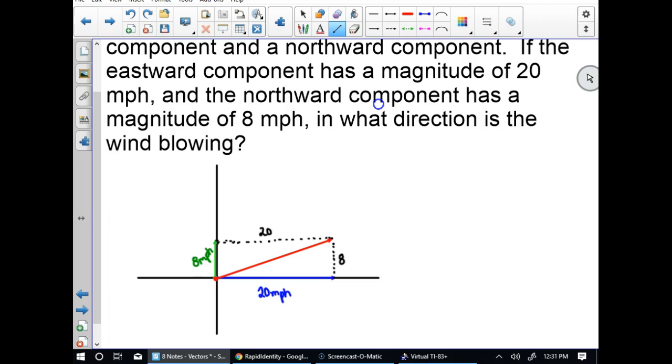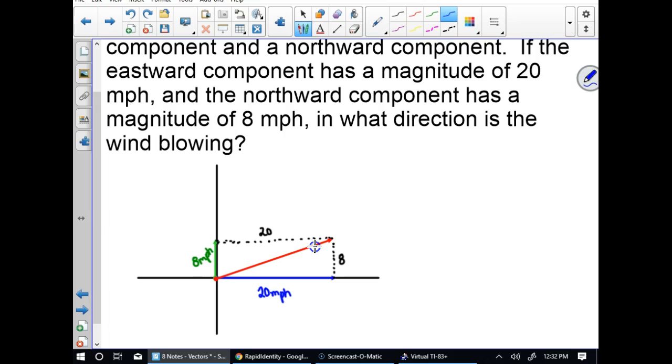Okay, so this should sort of make sense. It should be going further to the east than it is to the north because your eastward component is stronger.